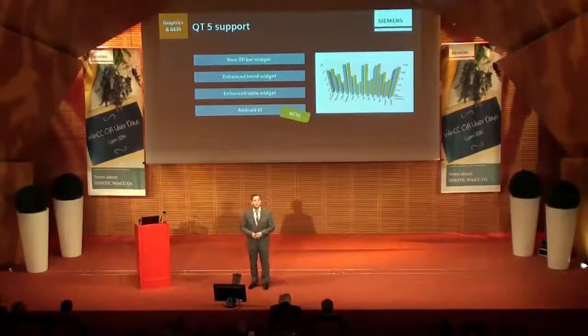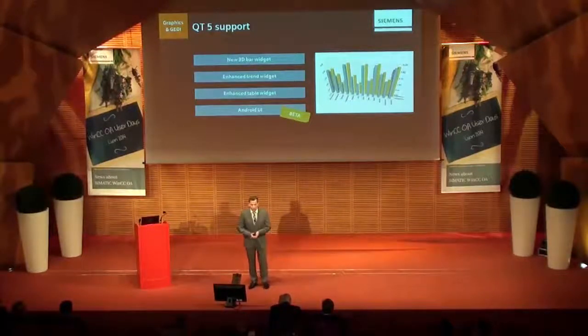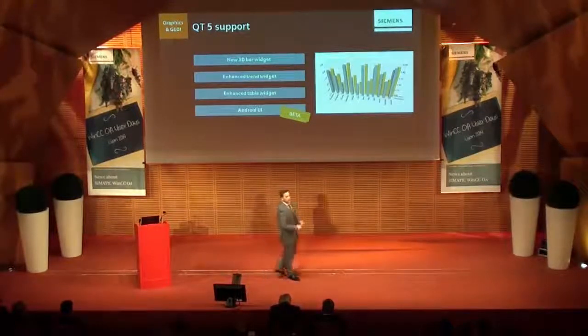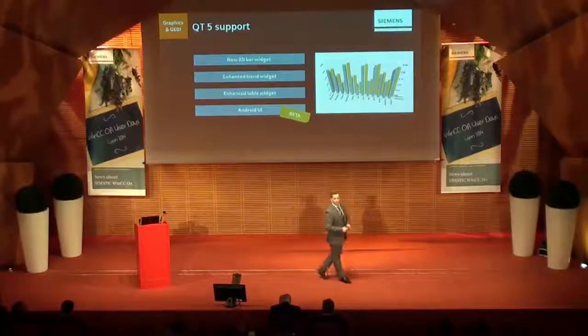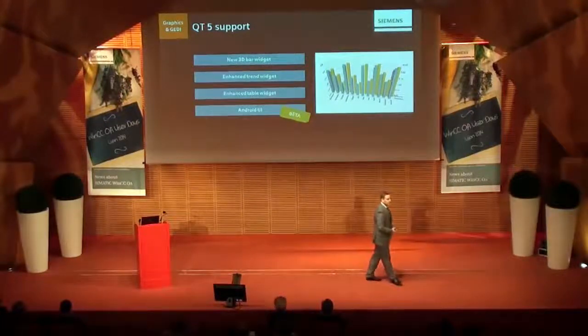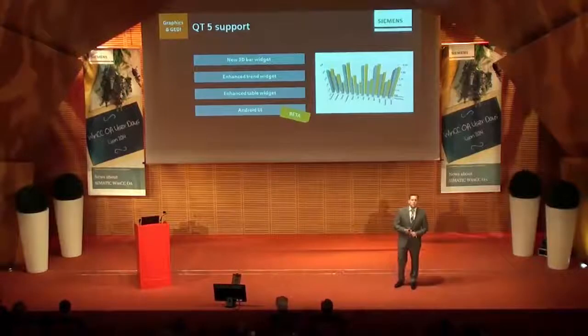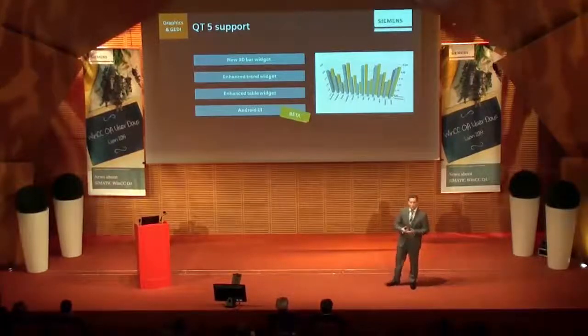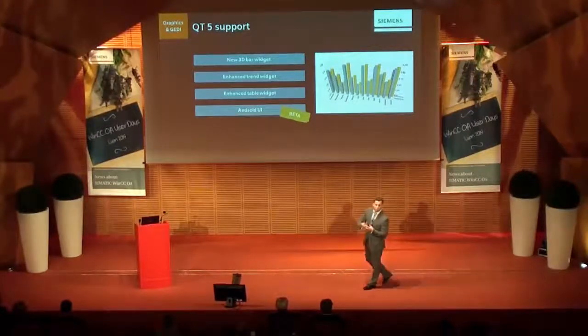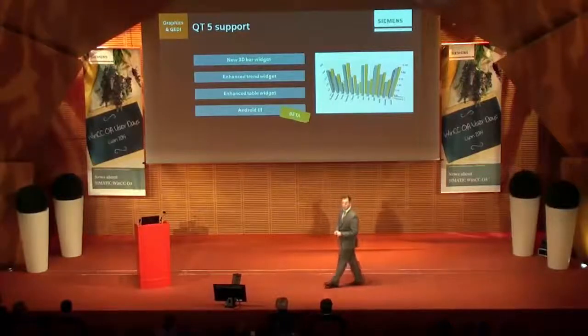And one really nice thing is that with Qt5 there is official support for Android. So we are working on that so that you can use an Android device connecting to a server as a full-blown native client.